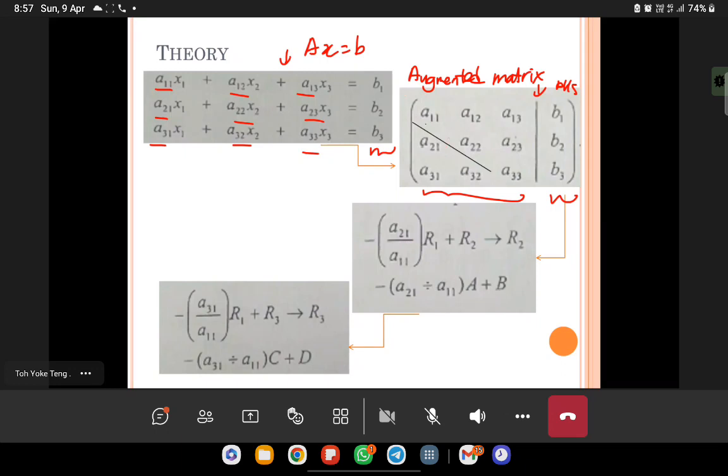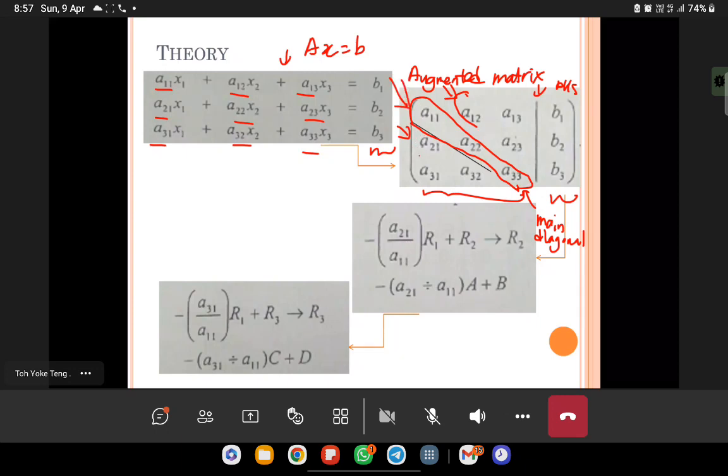In order to eliminate the elements below the main diagonal, just as a recall for you, this part we call the main diagonal. Below it, we call the lower diagonal, and above it, we call the upper diagonal. The Gauss elimination method is used to eliminate the elements below the main diagonal.